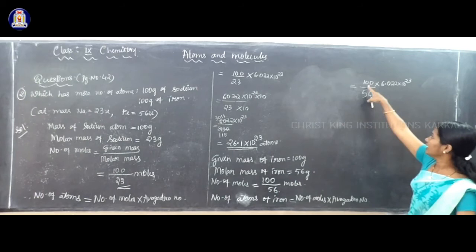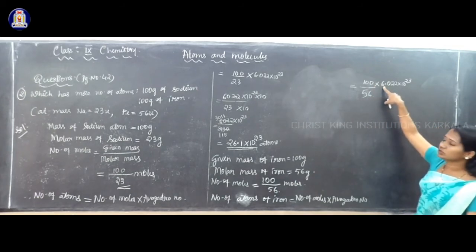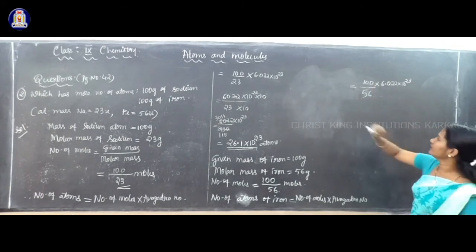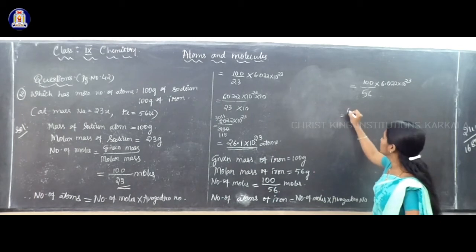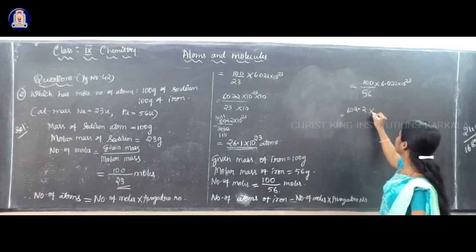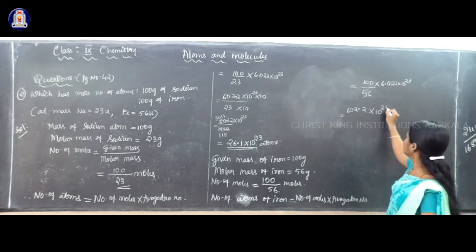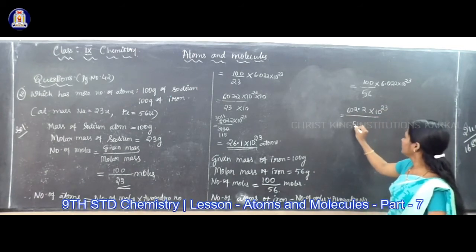Now if we multiply 100 into 6.022, you will get 602.2 into 10 to the power 23 divided by 56.